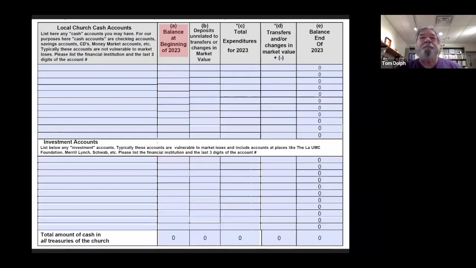This column should be totaled, and theoretically, it should equal last year's, that is 23's, line 25.